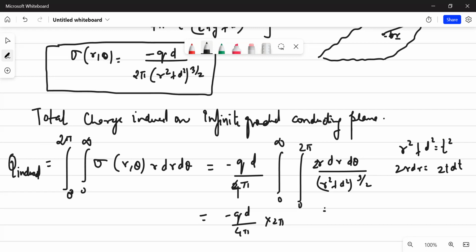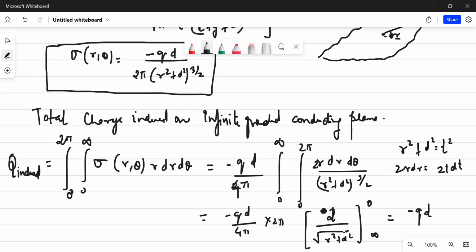So 1 upon t square dt gives minus 1 upon t, and t is root over r square plus d square, from 0 to infinity. In any case, you'll get minus q.